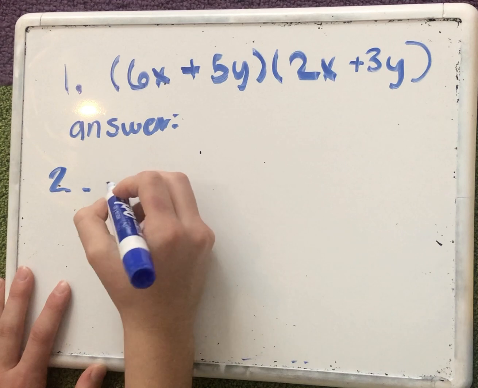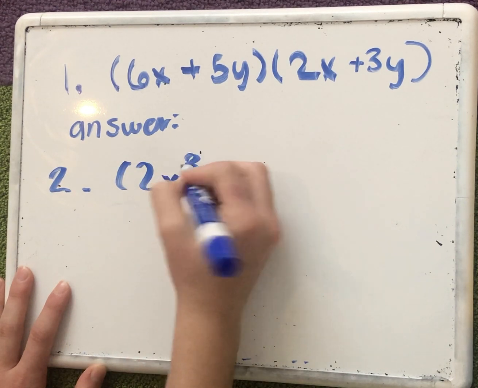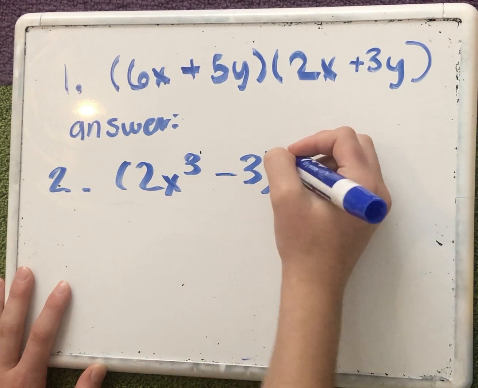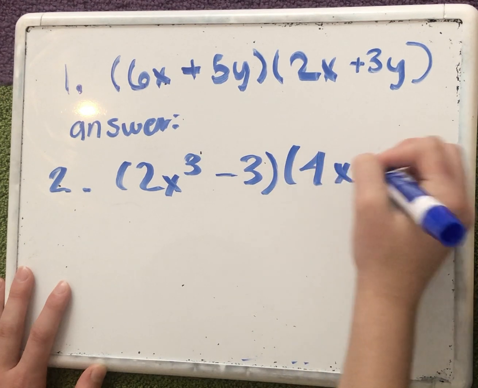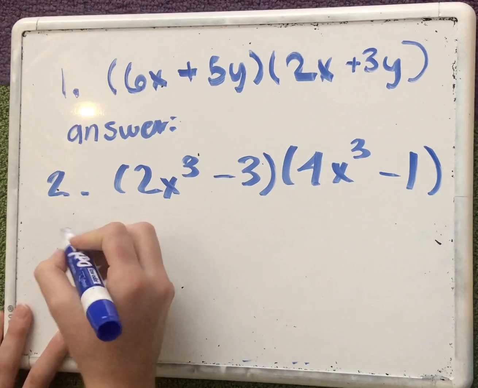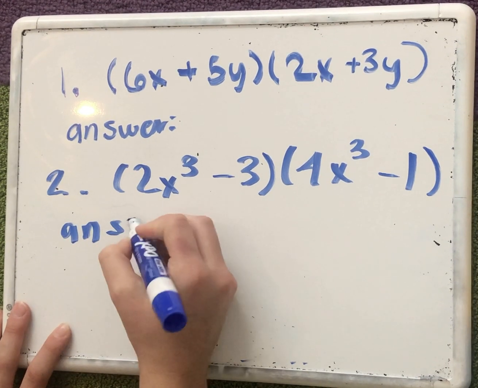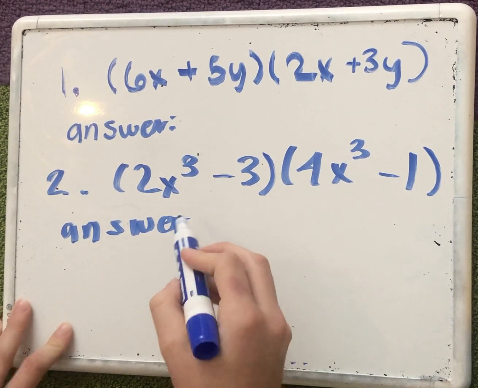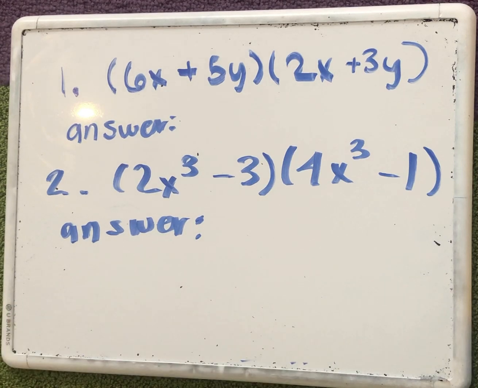And the second problem is (2x to the third power - 3) times (4x to the third power - 1). And I'll give you about 30 seconds to do that. It won't take you very long.